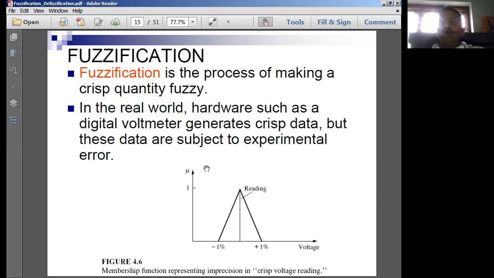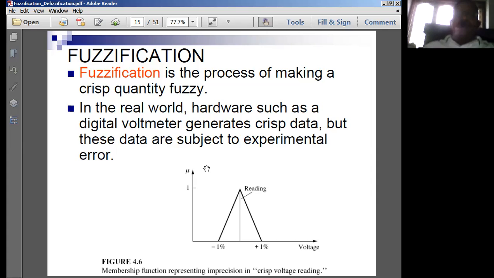Therefore, fuzzification is the process of converting the crisp data into the fuzzy data, into the fuzzy set. That means a crisp set will be converted into a fuzzy set by a process known as fuzzification.